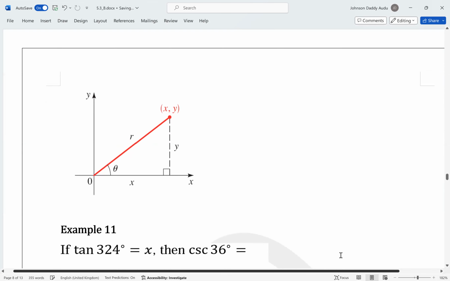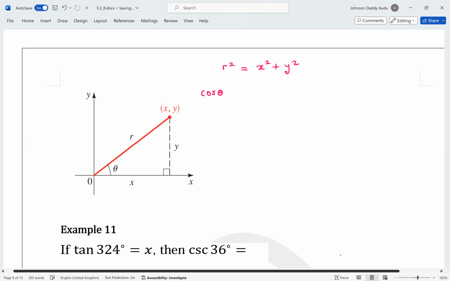If you remember this, from here we know that if you have r squared, it's going to be x squared plus what? Plus y squared. We know this from Pythagoras. But also, one thing we know from here is that I can find cosine theta.